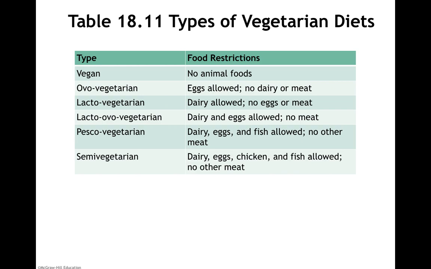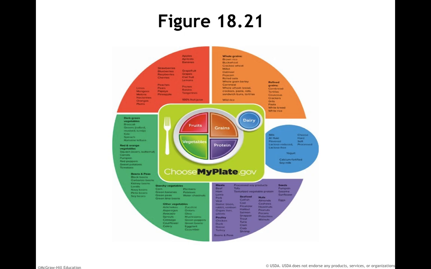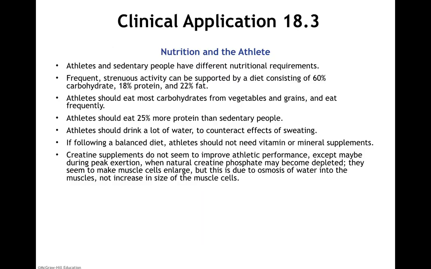And each of those has benefits espoused to it, but there are risks that go with them as well. A well-balanced diet is a good diet. There's MyPlate. I'm not going to go into nutrition in the athlete. You should read it over.